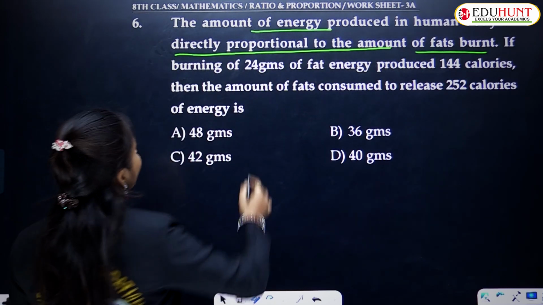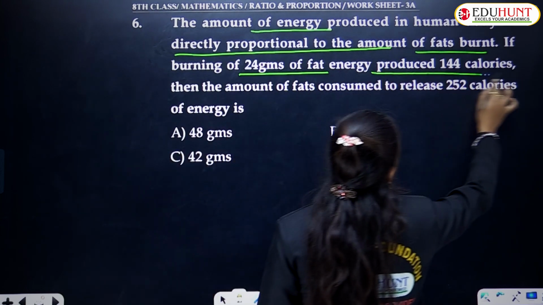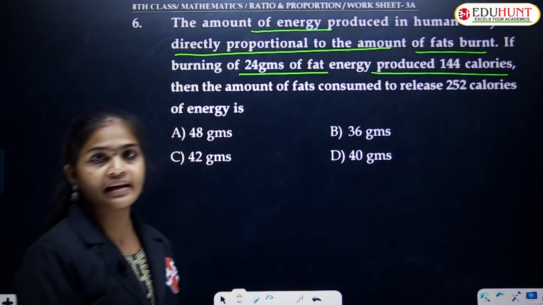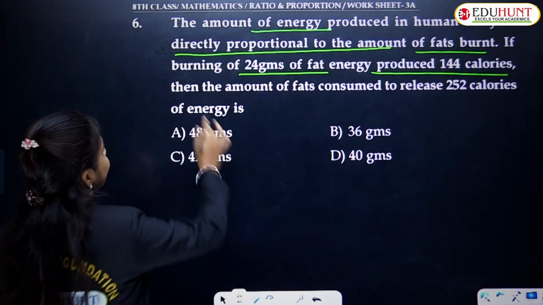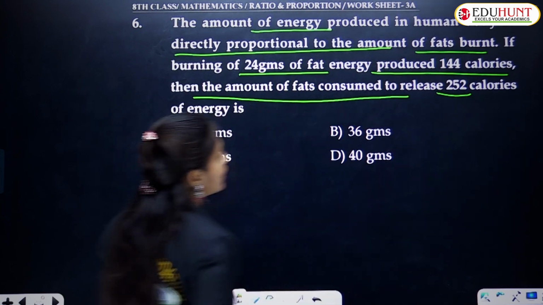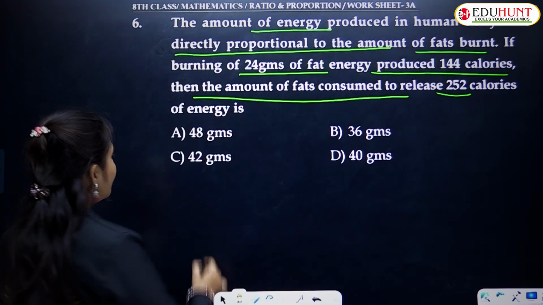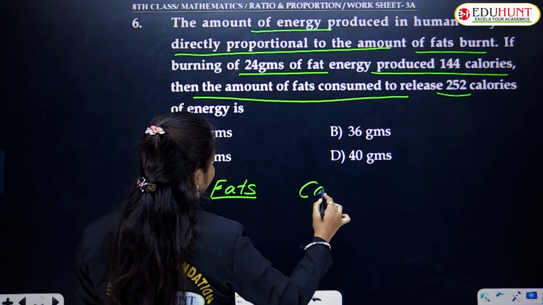If burning 24 grams of fat produces 144 calories of energy, then what is the amount of fats consumed to release 252 calories? Understand?